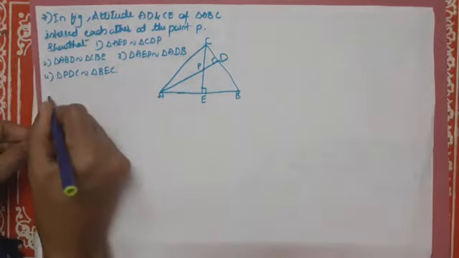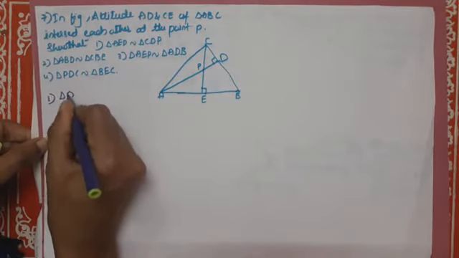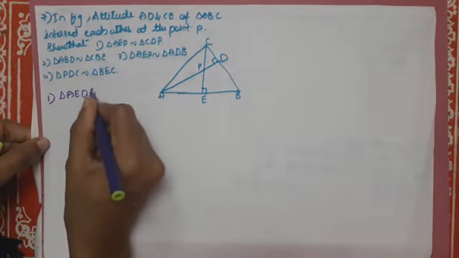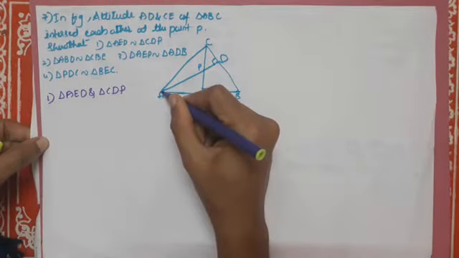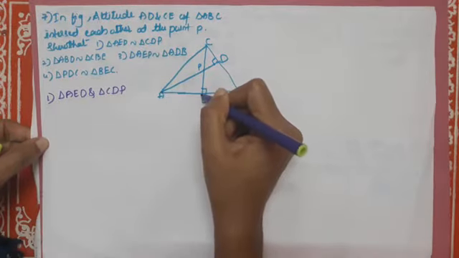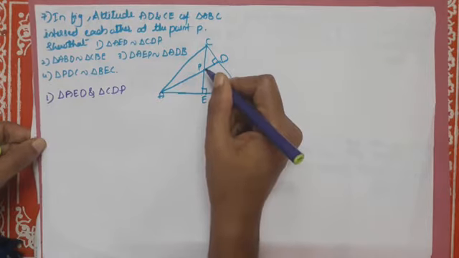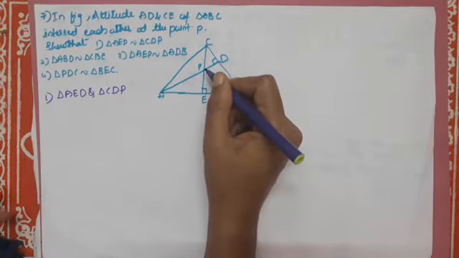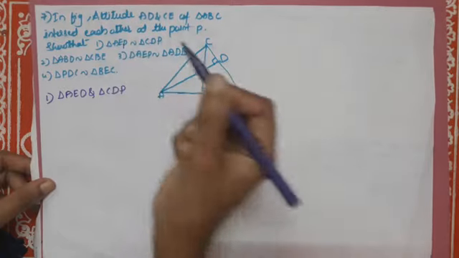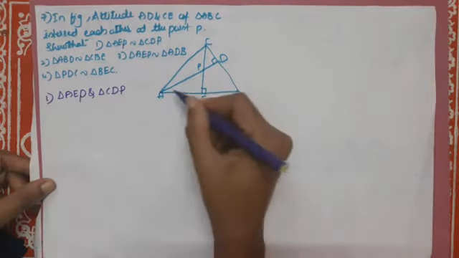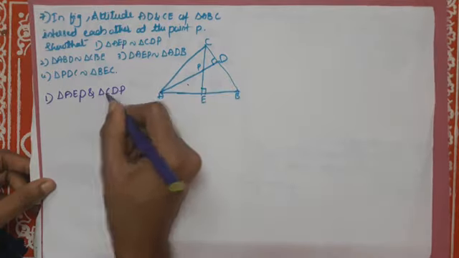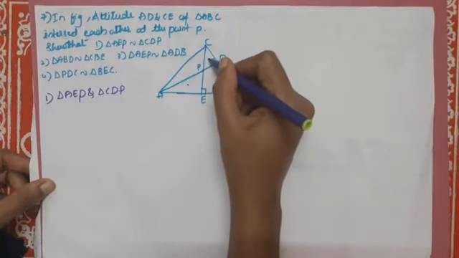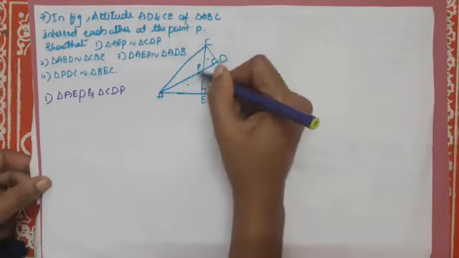I take the first one, triangle AEP, and triangle CDP. We need to prove these two are similar.